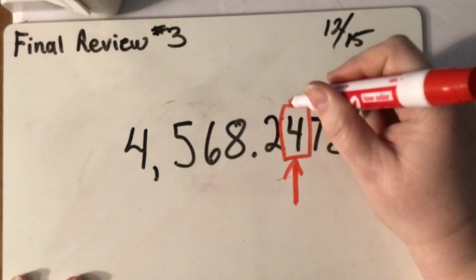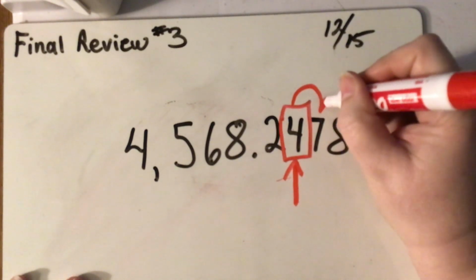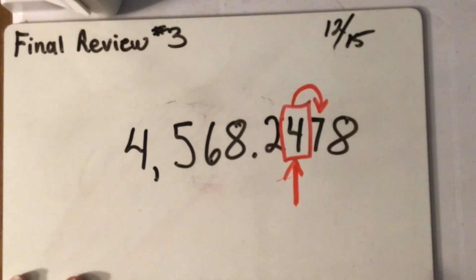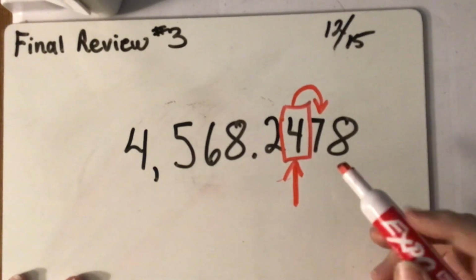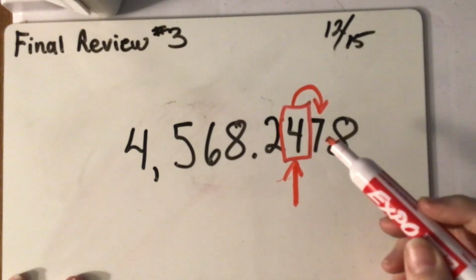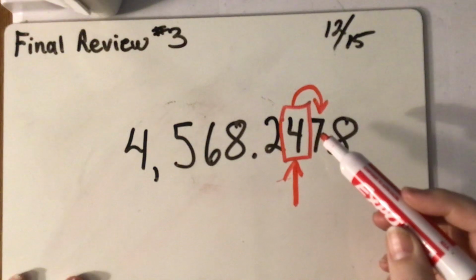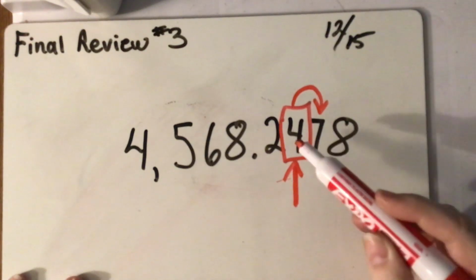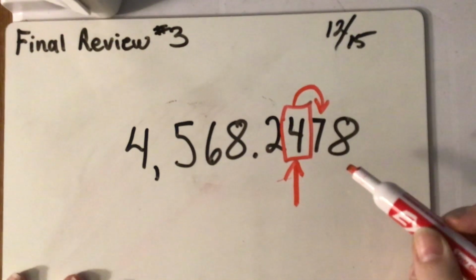So the 4 is going to go to his next door neighbor and say, yo, 7, I don't know what to do. Should I go up or stay the same? What does the 7 say? 5 or more, let it soar. 4 or less, let it rest. 7's more than 5, so 7 tells the 4, dude, you need to go up.